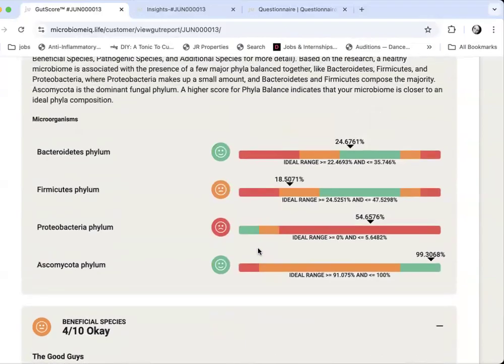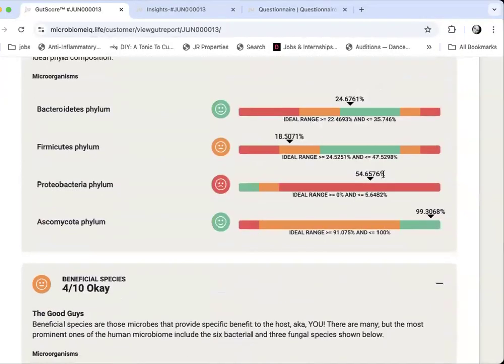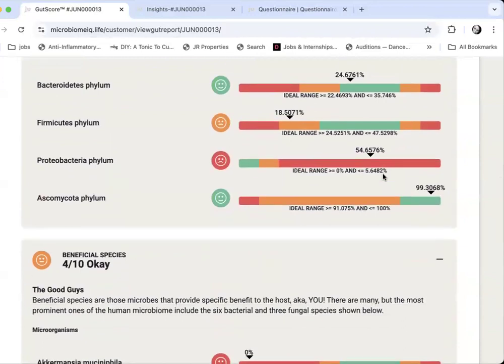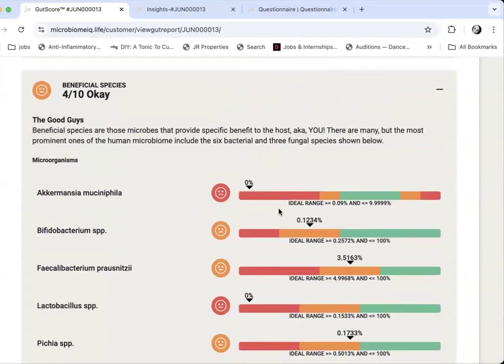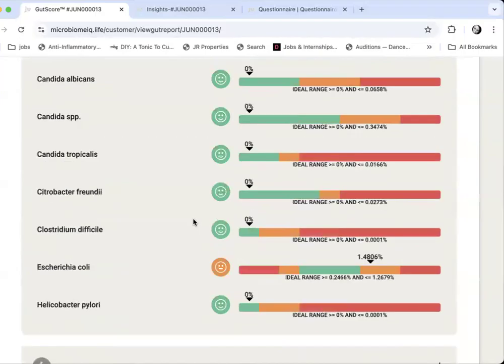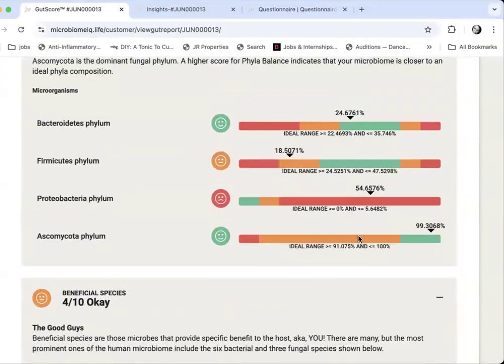So to reiterate, some strategies to reduce inflammation when proteobacteria is high: the first things we really want to pay attention to are balancing out the major phyla, the Bacteroidetes and Firmicutes, boosting the beneficial species, and reducing the pathogenic species. Those are the umbrellas that you can work off of within the container of reducing inflammation.